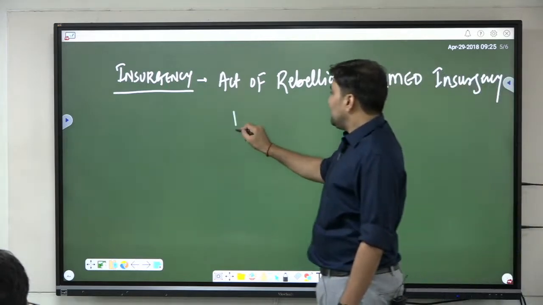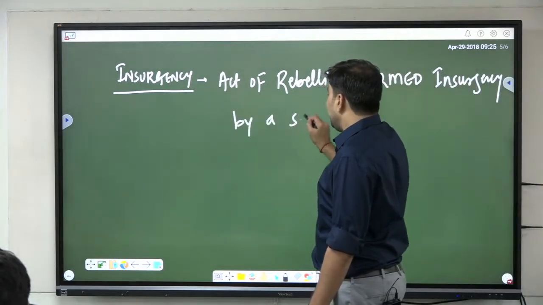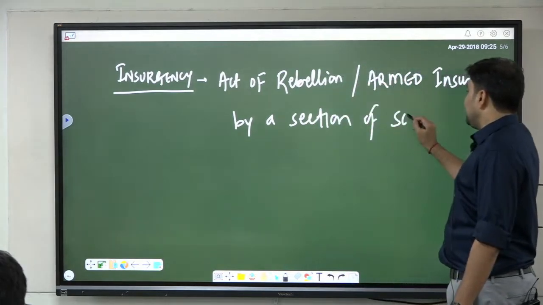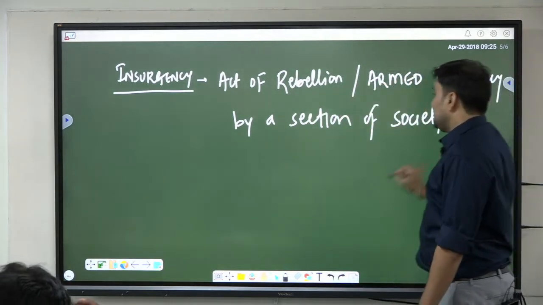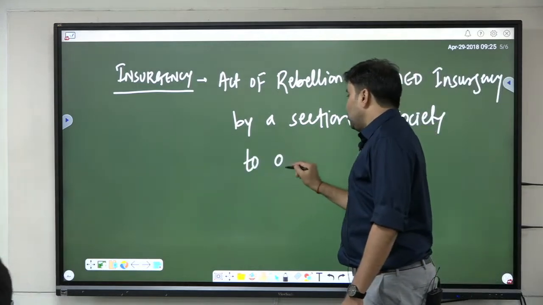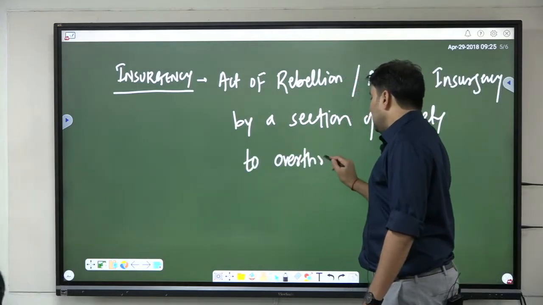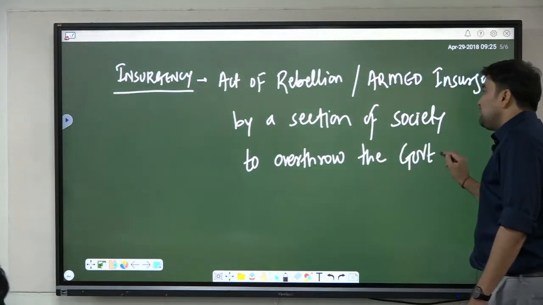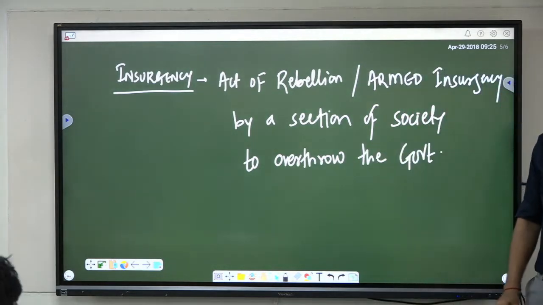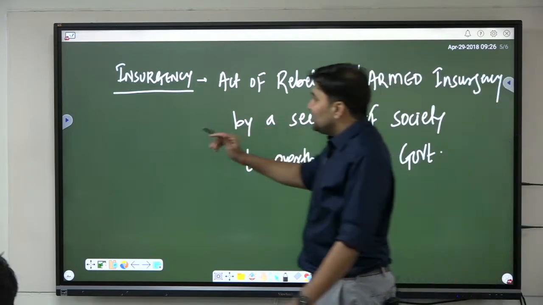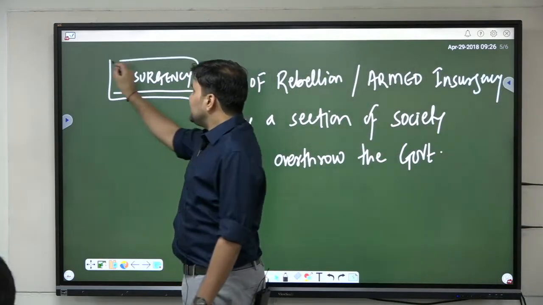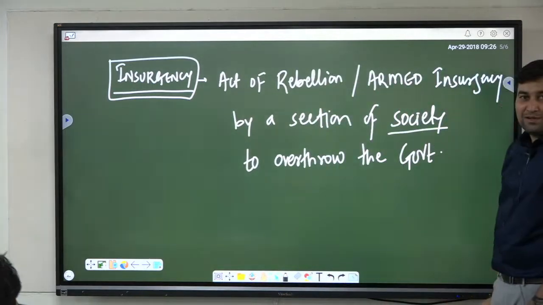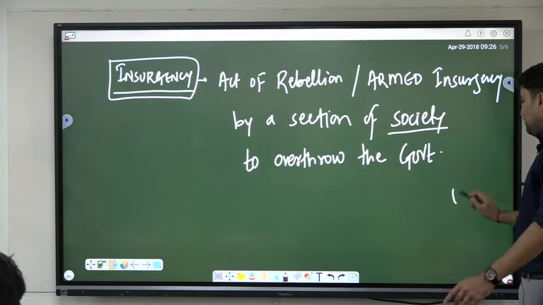by a section of society to overthrow the government and establish their own state. That means any insurgent groups, which are part of the society itself, will make use of violence.